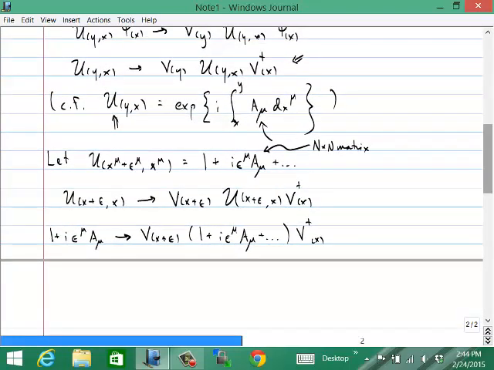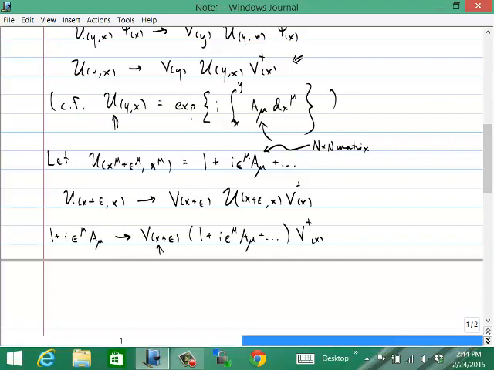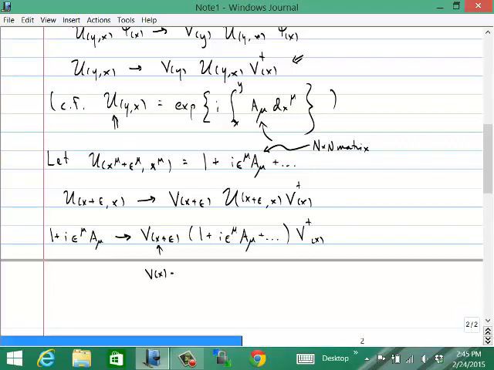And then the point is that we can take this expression here and we can expand it so that V at x plus ε is V of x plus ε^μ ∂/∂x^μ V of x plus dot dot dot, so that now we're comparing a bunch of terms that are all evaluated at the same point rather than different points. And so if you insert that into this expression, what do you get?